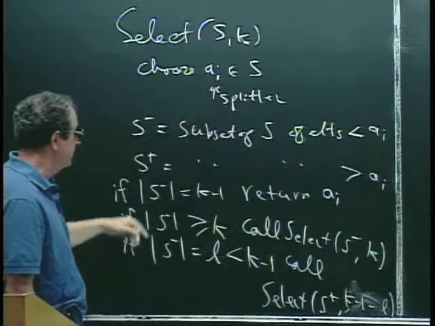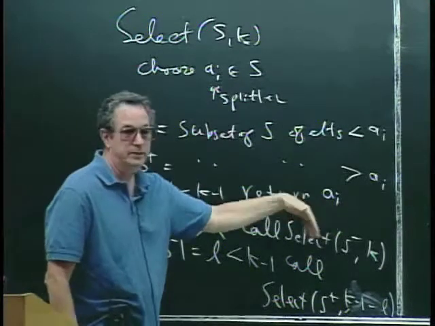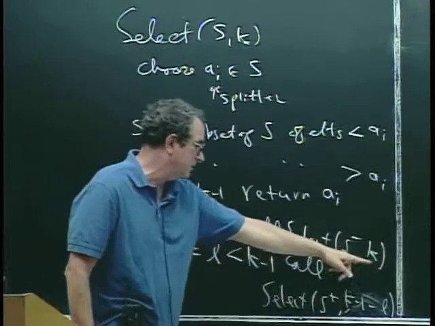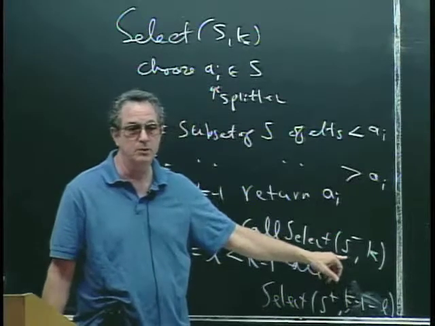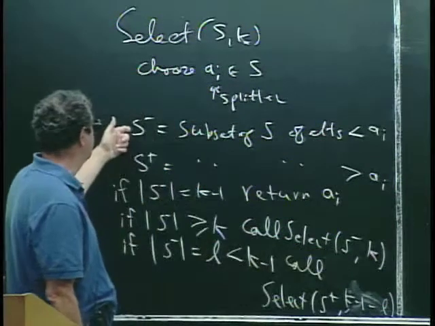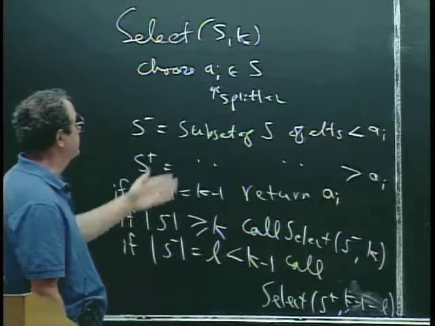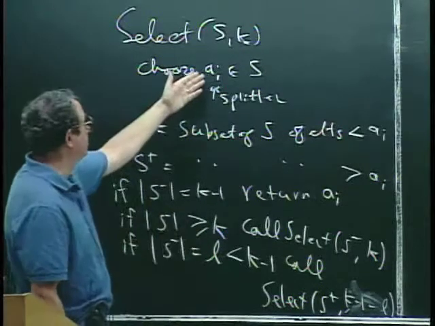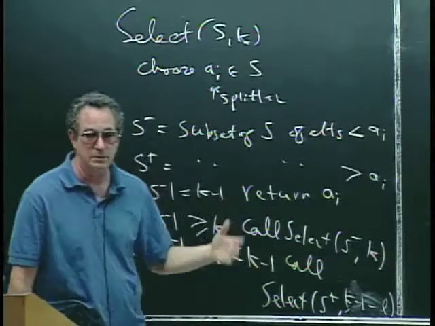And when that happens, then at each recursive call, a_i is the only element that gets removed. And so you're going to continually call select with S minus only being one smaller than it was the last call. Okay, and the work that's required to find S minus is, as I said, an explicit comparison of a_i to every element in S. And so the number of comparisons the first time is n, if that's the size of S, and the next time it's n minus 1, and the next time n minus 2, and so on.